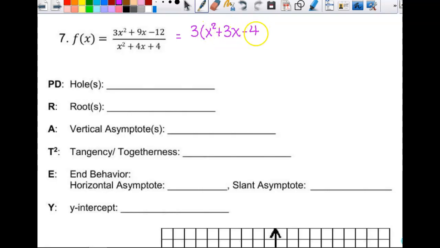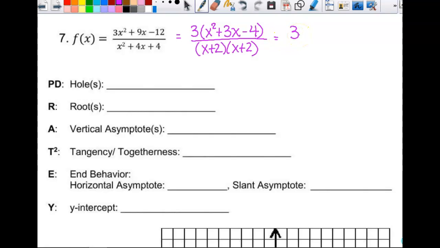3x minus 4 over, then when I factor this, we would factor into x plus 2 times x plus 2. So at this point, I'm not finished with the numerator or the denominator, right? The numerator, I can factor some more.